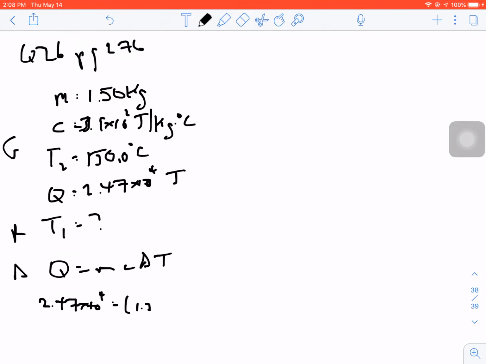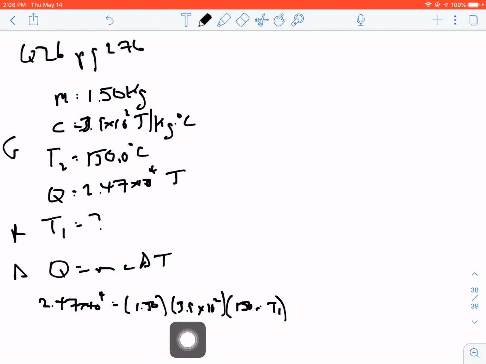Mass was 1.50 kilograms. The C is 3.9 times 10 to the power of 2. Delta T is 150 degrees minus T1. So I'm going to take my 1.5 times 3.9 times 10 to the 2 and divide it into my 2.47 times 10 to the 4.